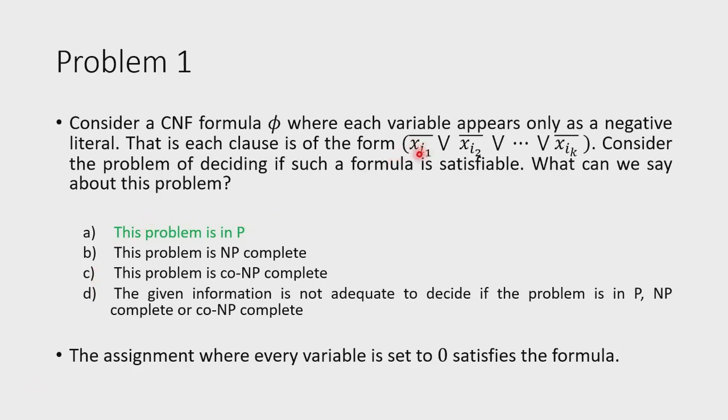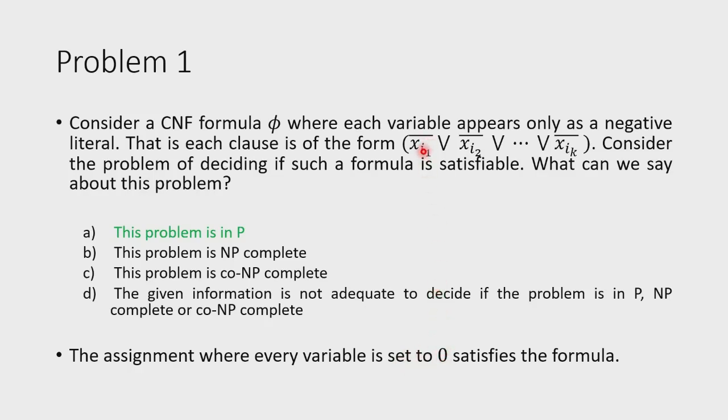The reason is very simple. Look at every clause. Every literal appearing in it is negated, right? So a way to satisfy each and every clause is by just setting every variable to 0. Here I am using 0 to denote false.